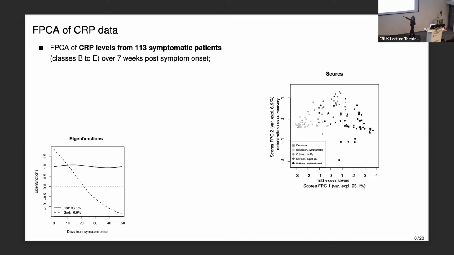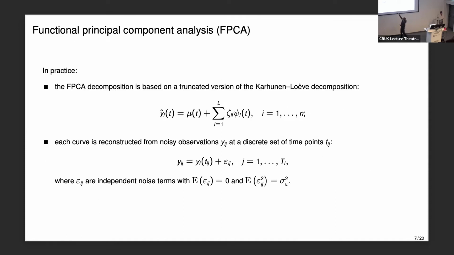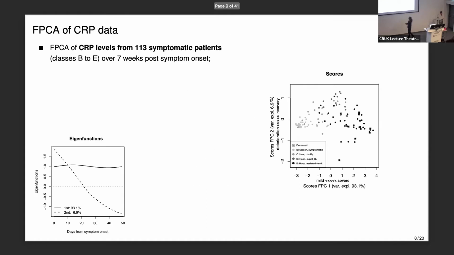It's the solid line here, and you see it's above 0 over the whole time window, which means that a patient with a positive score for this first eigenfunction will have higher than average CRP level over their disease course. This is because, remember, the score multiplies the eigenfunction, and so we'll have a positive deviation from the mean here.